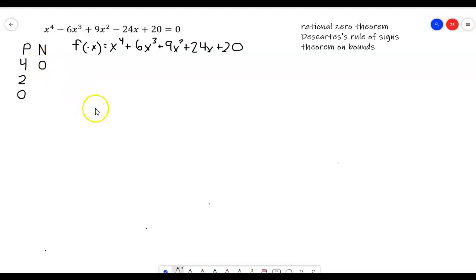So what that means is, if I set up a little table here, positive, negative, and imaginary. And there's an example of this on page 294 if you want to take a look at one of their examples. But if I have 4 positive real roots, that means I have no negative real roots and no imaginary roots, because I have a total of 4.